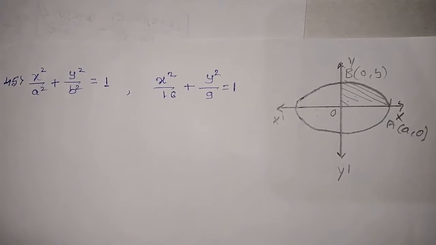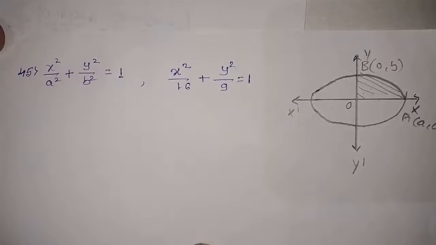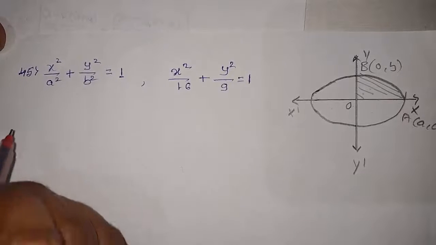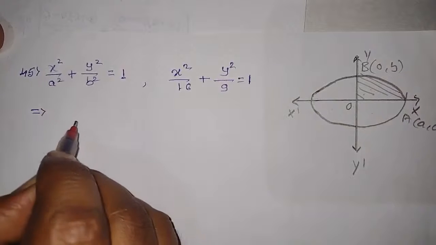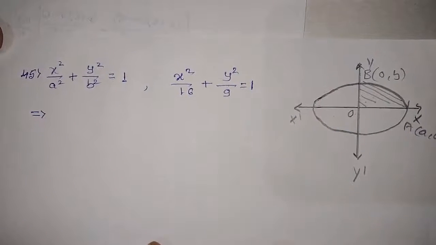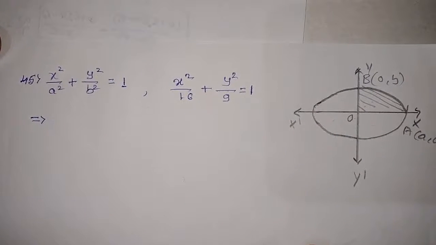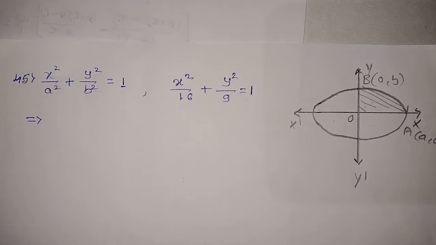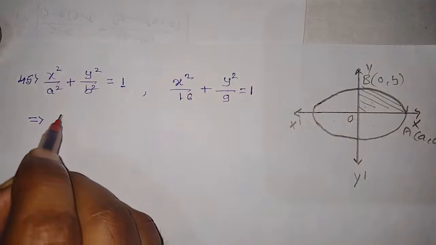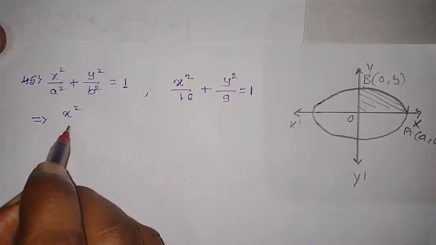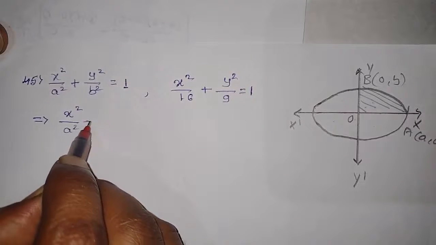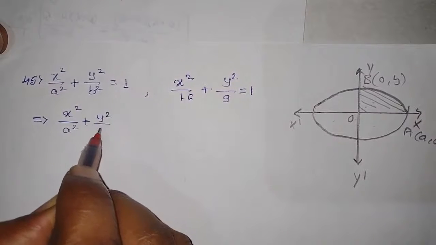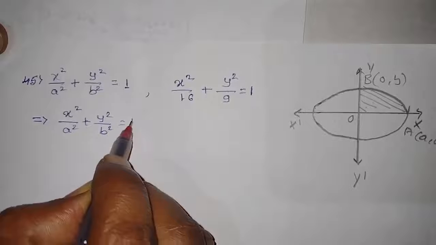After that, by taking the equation of ellipse, from this equation we have to find out the value of y. x square by a square plus y square by b square equals to 1.